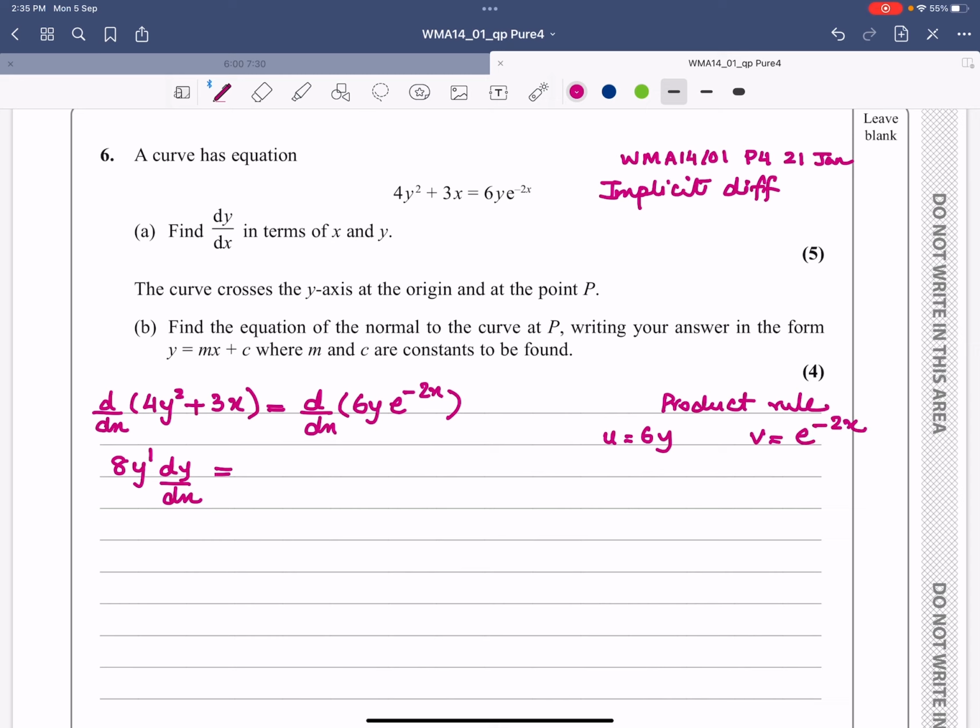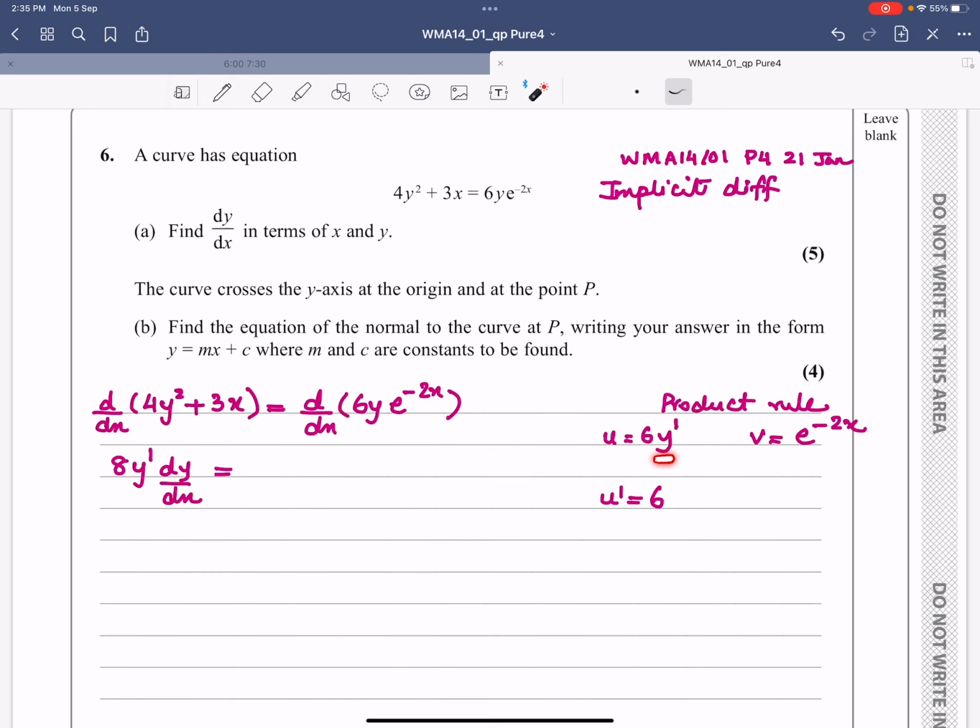Now I'm going to differentiate. u dash is equal to, power of y is 1, so 1 into 6 is 6. Now I'm going to differentiate y because y, this is chain rule.